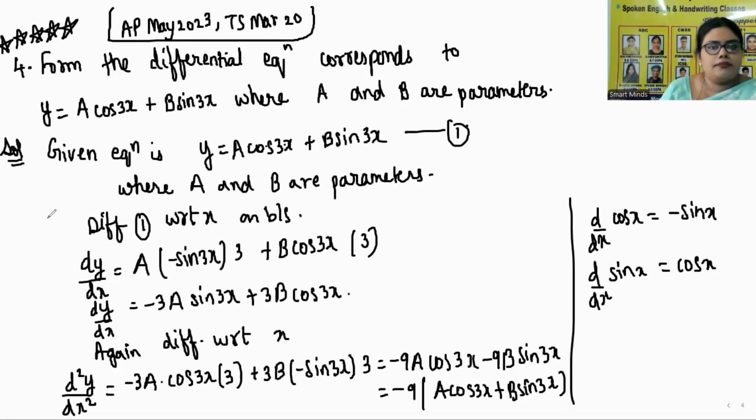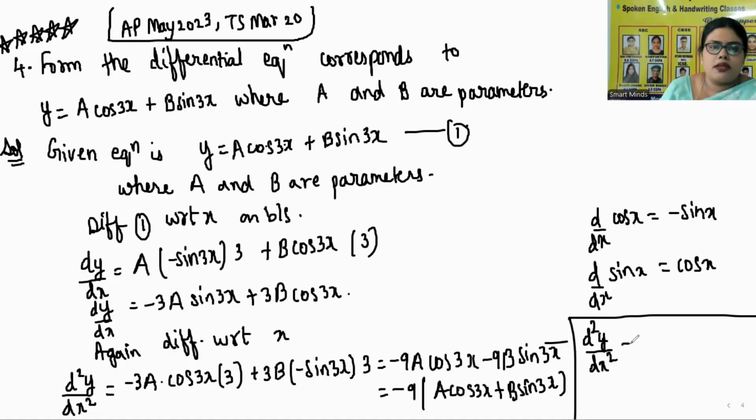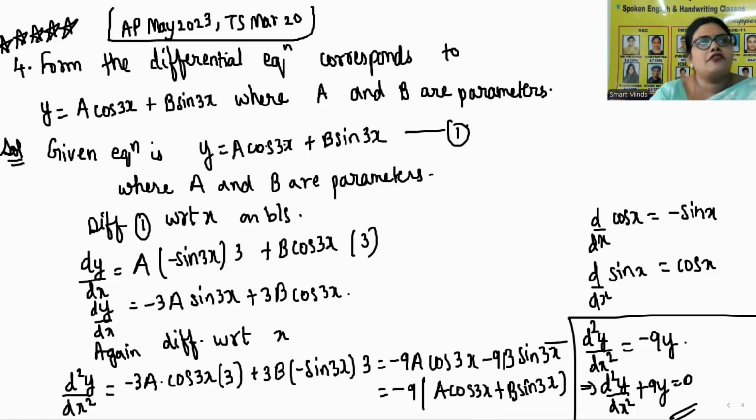So we got d²y/dx² = −9y. Understood? If we bring −9y here, we get d²y/dx² + 9y = 0. This is the required differential equation. Understood?